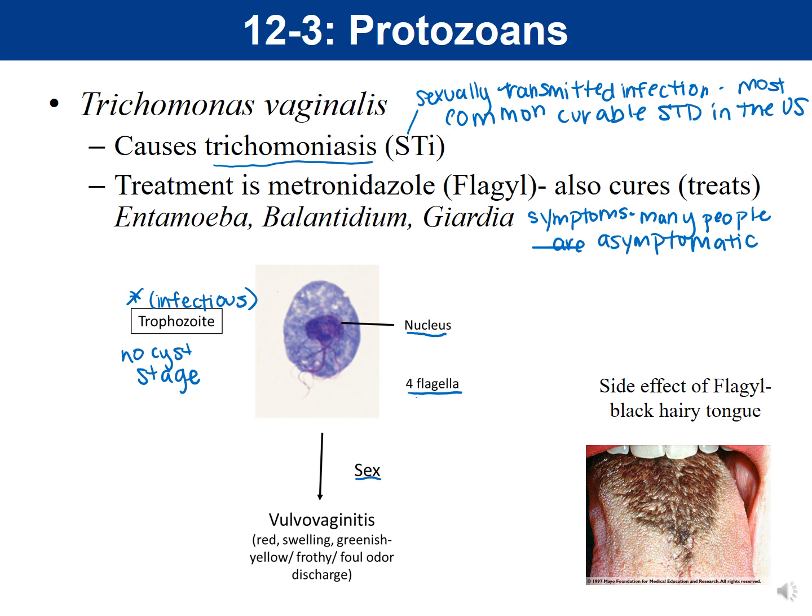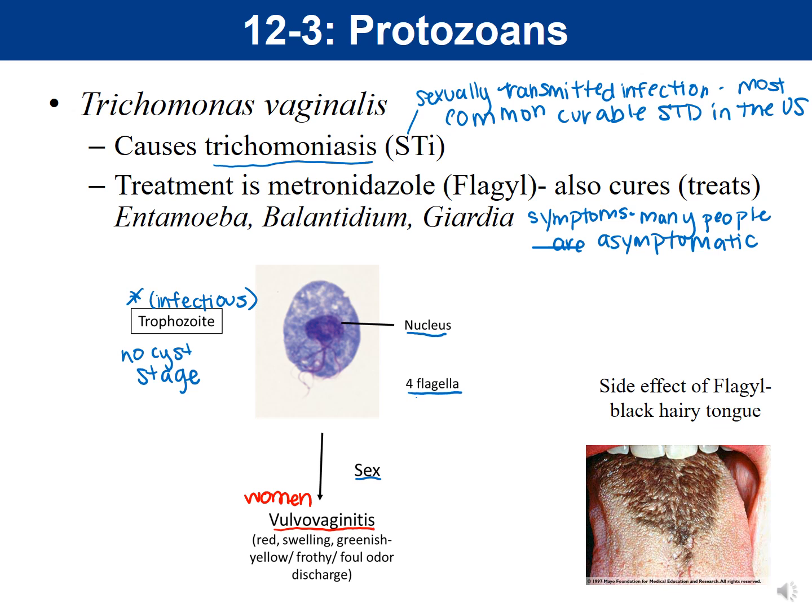Now, because it's a sexually transmitted disease, the symptoms between males and females can be a little bit different. So in terms of women with trichomoniasis, so let me change my ink here. Women will experience what's called vulvovaginitis.